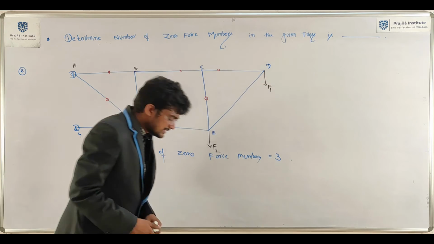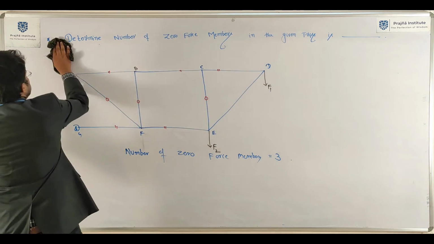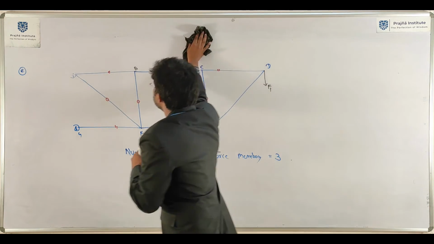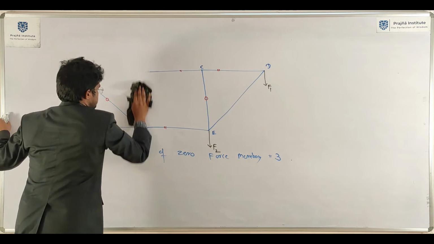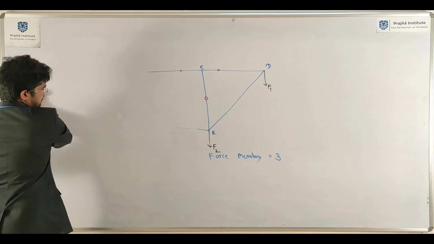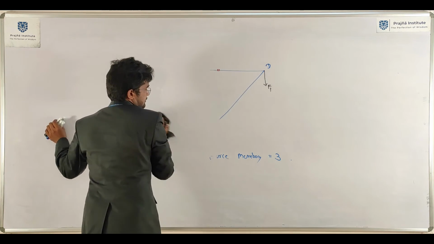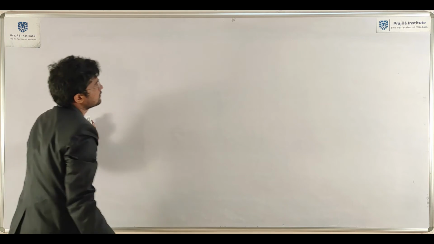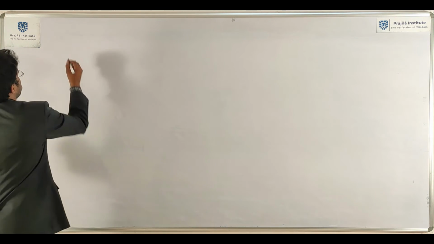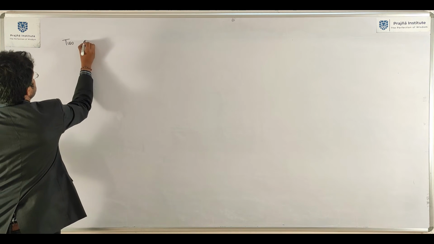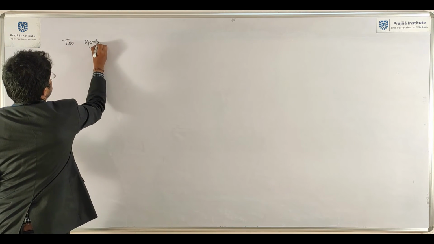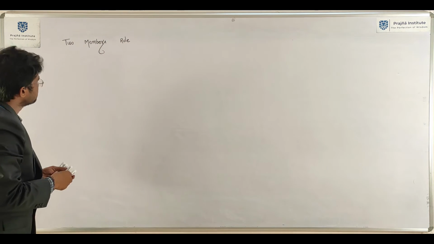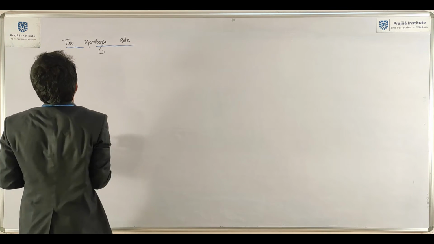Okay, next, put it in the two members rule. It is simple actually, but the three members rule is very important.